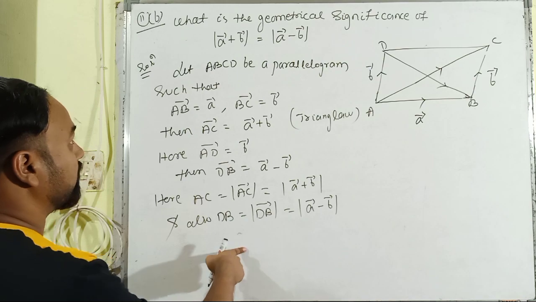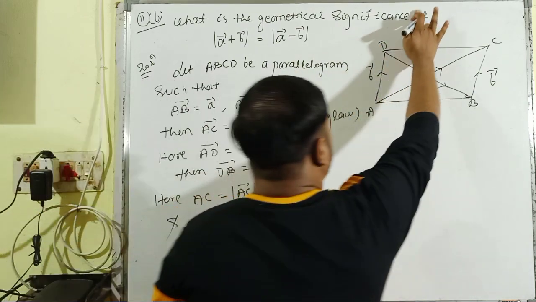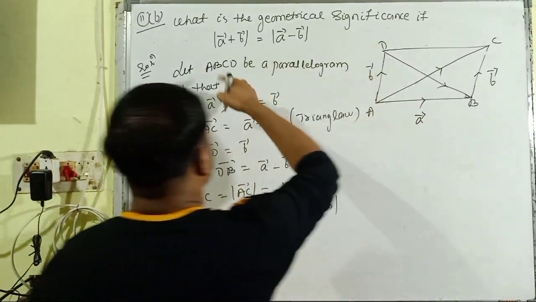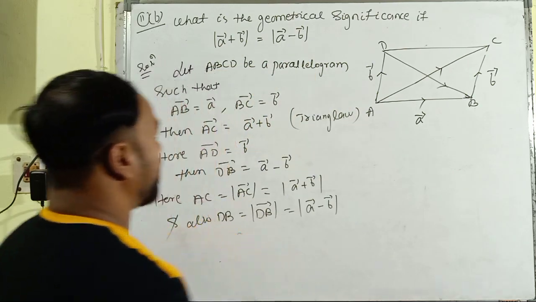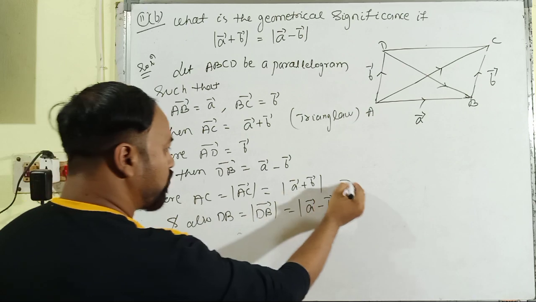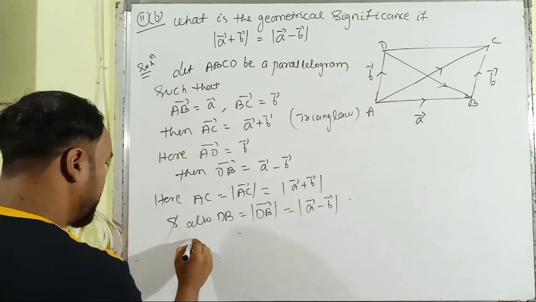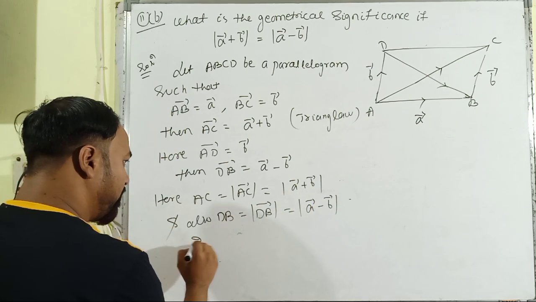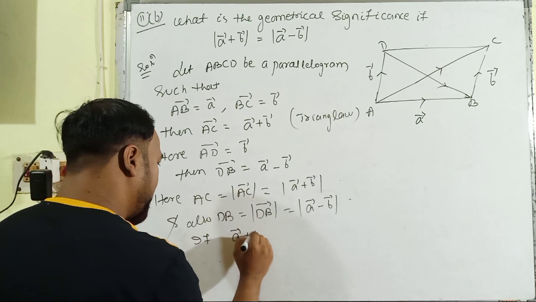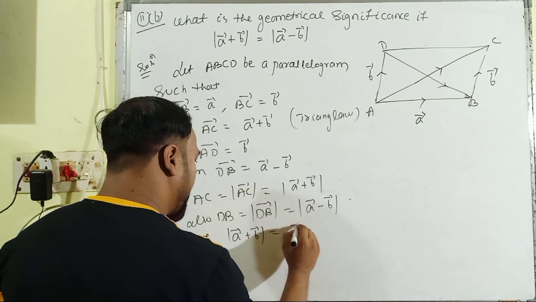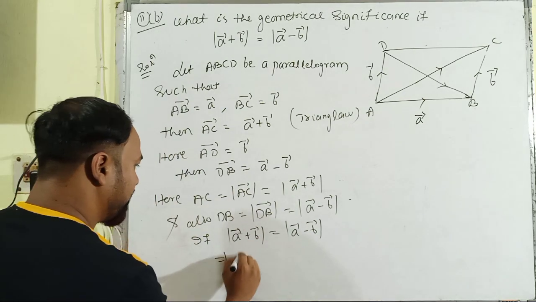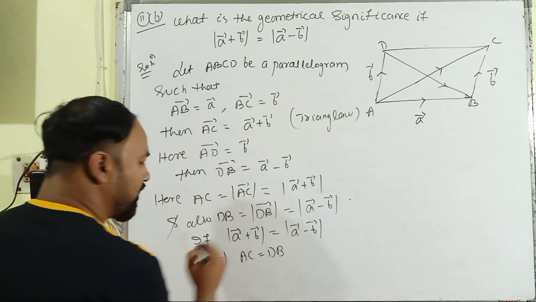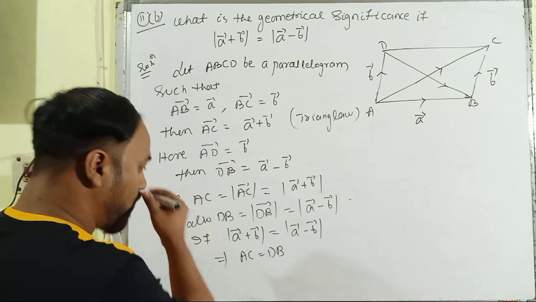But in the question it has been given that the magnitude of a vector plus b vector is equal to magnitude of a vector minus b vector. That implies AC is equal to DB. That means the two diagonals are equal with each other.